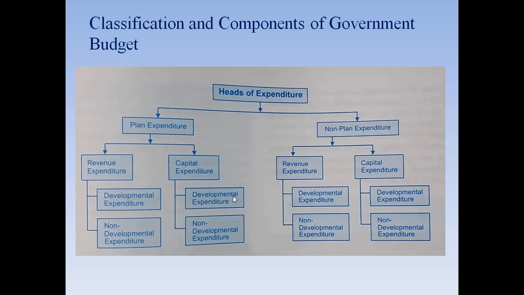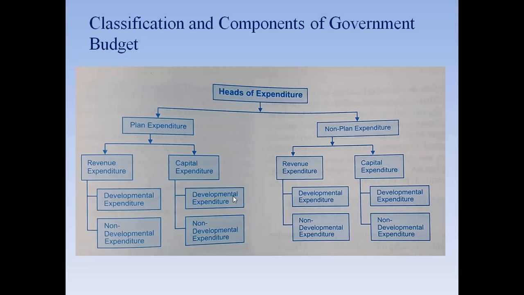For example, India had a deal with Russia regarding the purchase of S-400, isn't it? So that can be included here in developmental expenditure, because this will develop the defense facility of our country.